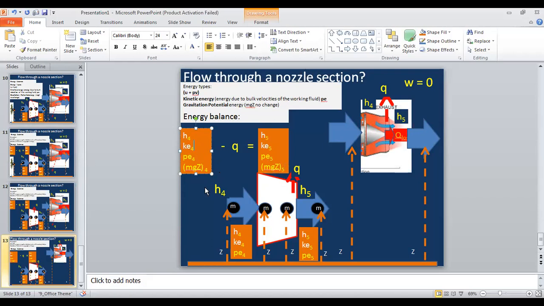K4, say the coconut. m, coconut mass equivalent flow. So what's the velocity here? Let's say V4. So then your K4 is half mv squared.